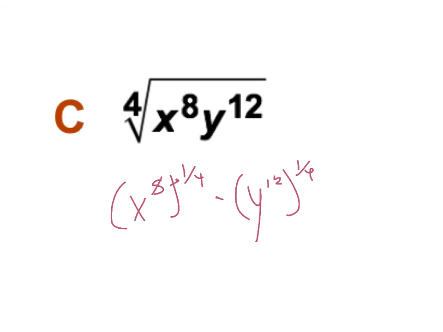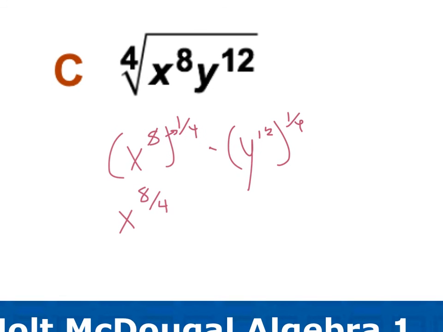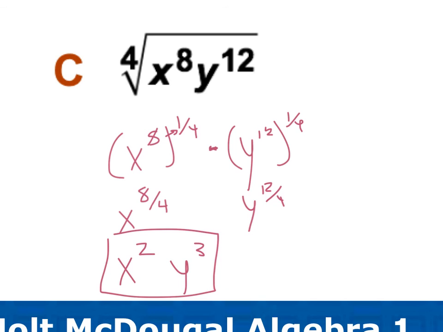So if we multiply these two together, we get x to the 8 over 4. What's 8 divided by 4? 2. And then we have y to the 12 over 4. What's 12 divided by 4? 3. So we have x squared times y cubed as our final answer.